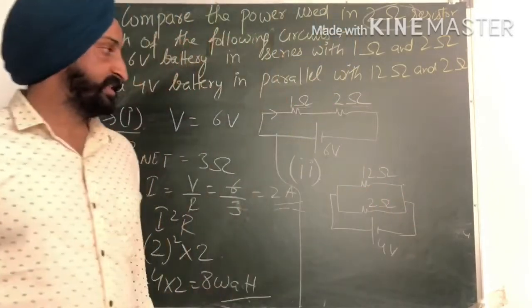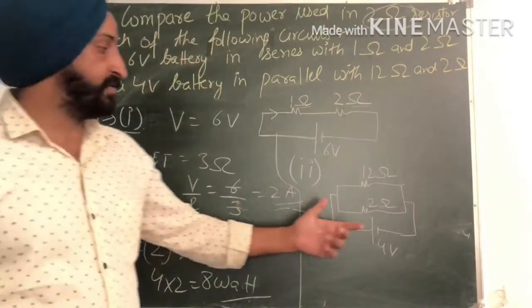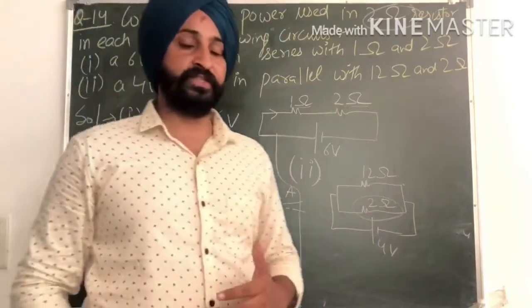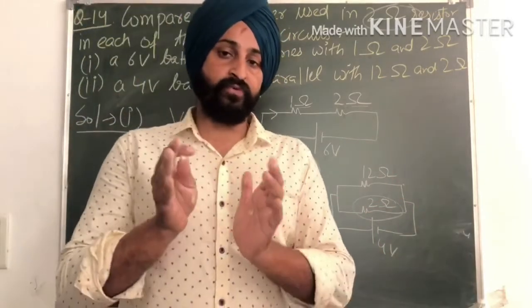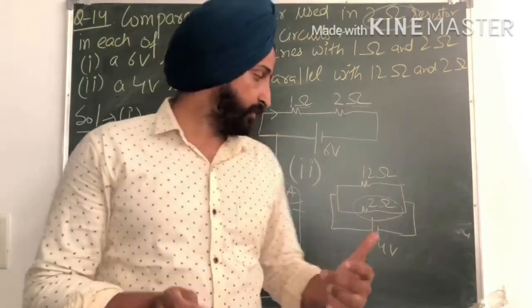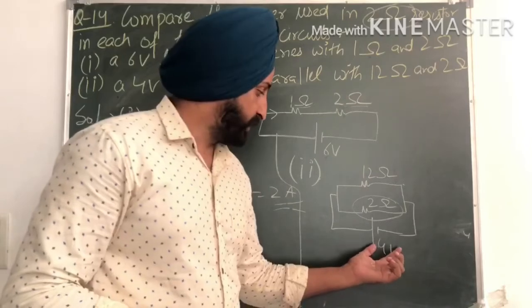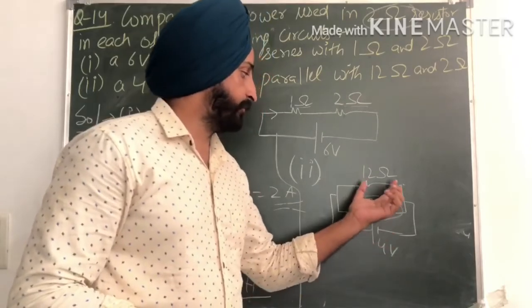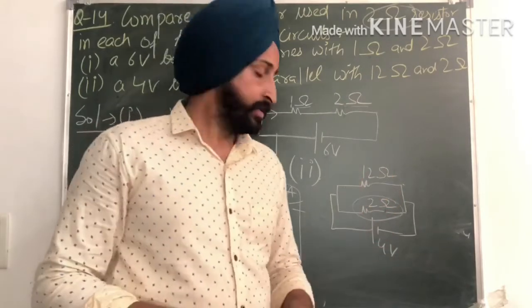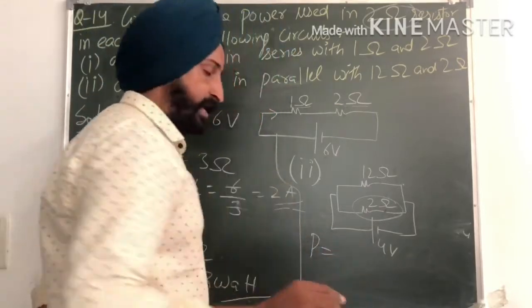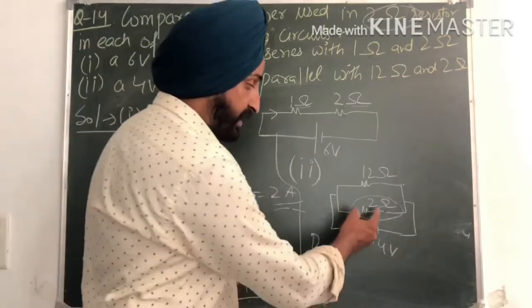Right? Now in this case we want to calculate the power in this resistor. Now as we know that in parallel the voltage remains same. Fine. As the voltage of this battery is 4 volt, it will be reflected over here and over here also.